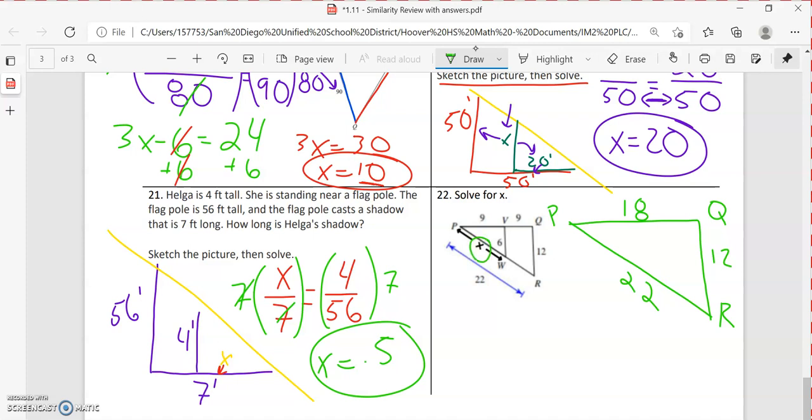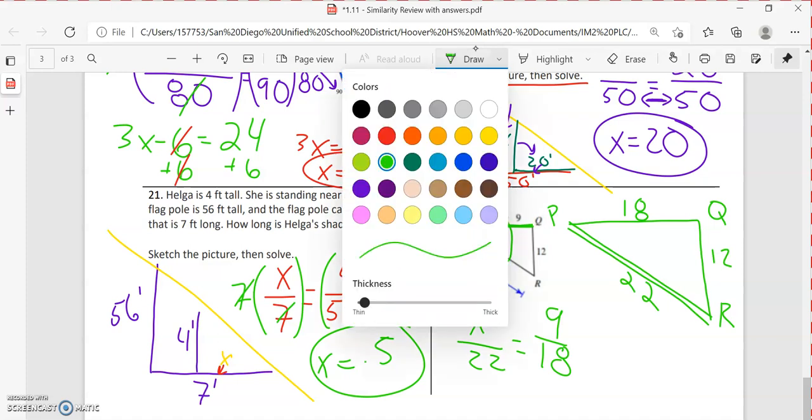Let's identify our x. Our x is this side, which means we're going to be comparing to this side. So it's over 22. Pick another number in our small triangle. It could be the 6 or the 9. It doesn't matter. I'm going to pick the 9 just because I want to. And that is being compared or similar to that side. So 9 over 18.